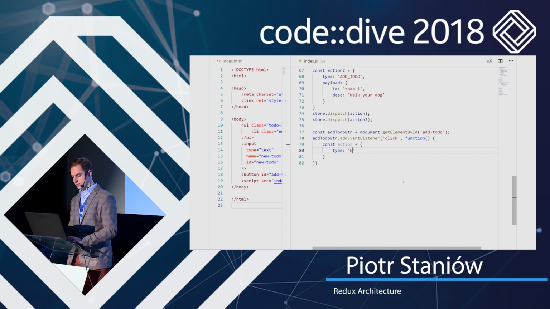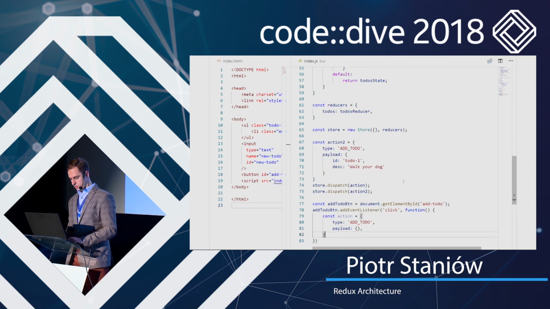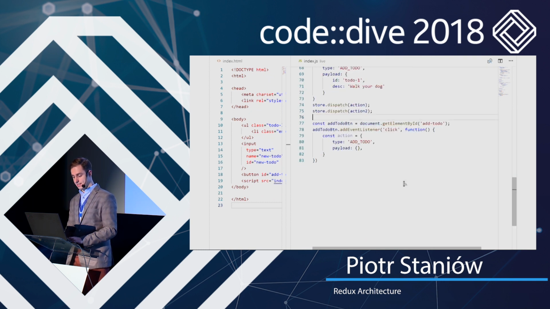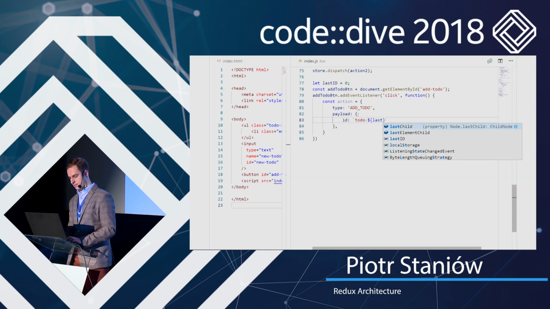And again, action is just a simple object, a simple hash map, and it will have some information about the ToDo that is being created. We also need to keep track of what's the latest ID of the ToDo. So let me do this like that. Well, simple yet where I can. So the ID will be ToDo and the last ID updated.